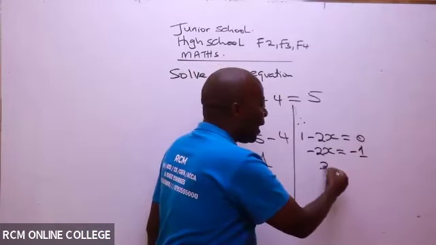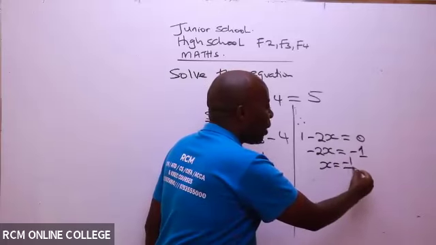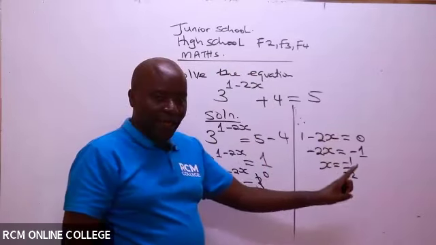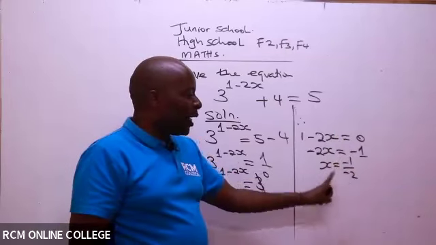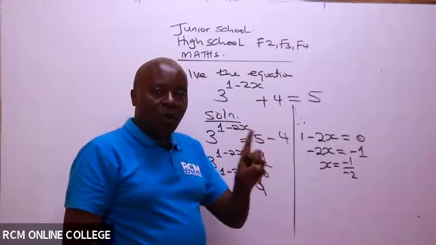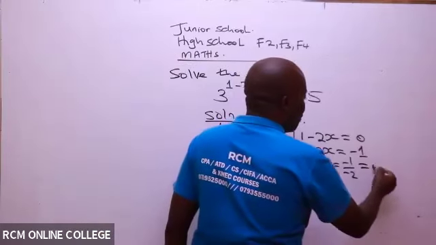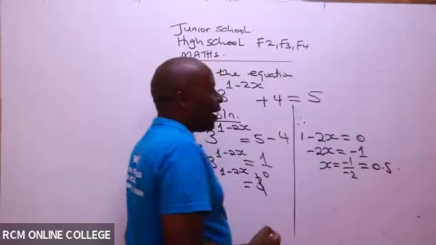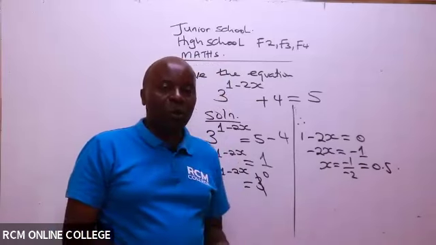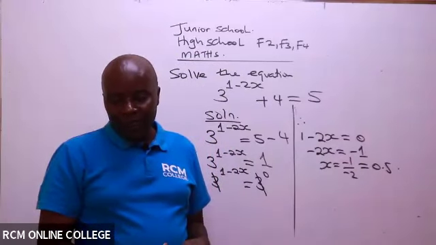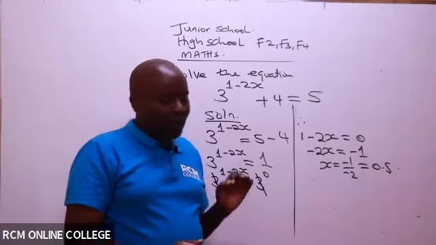So meaning that x will be minus 1 over minus 2 if we divide by minus 2 both sides. Negative and negative will cancel out. 1 over 2 is the same as 0.5.